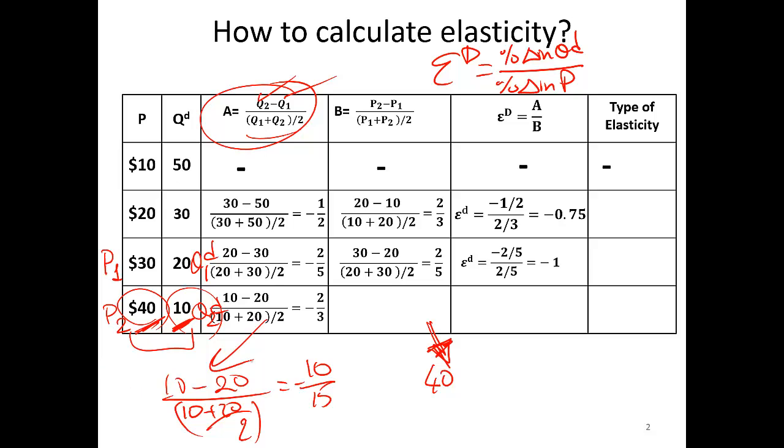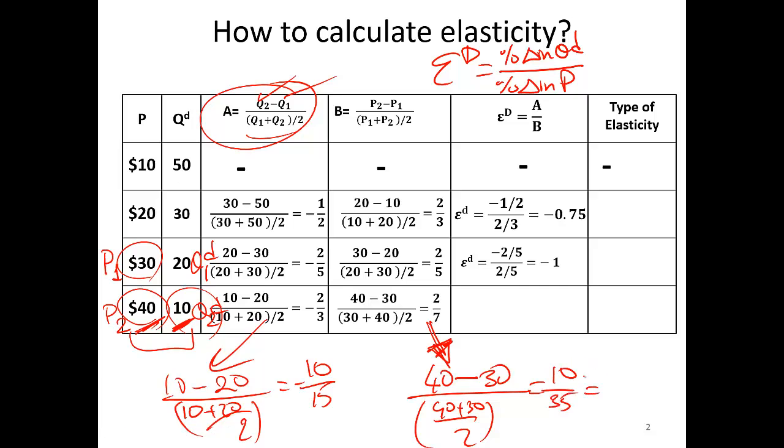So 40 minus initial price $30, divided by their average, 40 plus 30 divided by 2, so it is 10 over 35, which, if you divide everything by 5, is 2 over 7. So divide negative 2/3 by 2 over 7, and you're going to get negative 2.33.